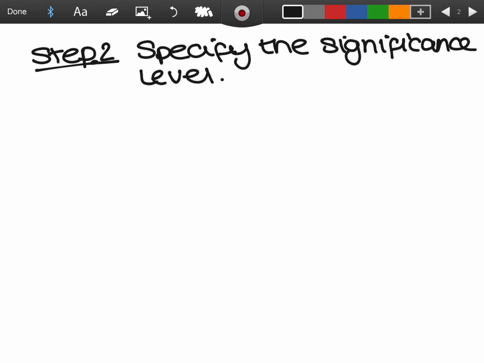What that means for us when we conduct the test is that we want to end up rejecting the null hypothesis, in this case, 5% of the time. So our significance level, which we always call alpha, is 0.05.